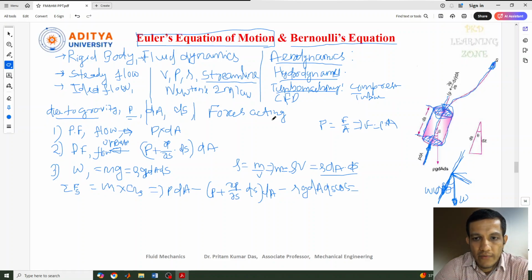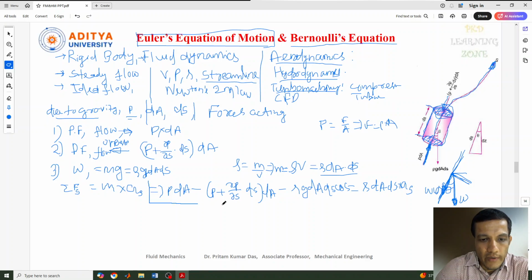The mass value I already told you, that is rho dA ds, into acceleration as, not a into s, but as, the acceleration in the direction of s. So this is the equation.